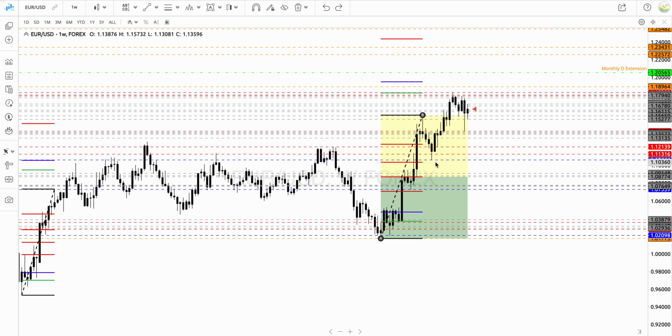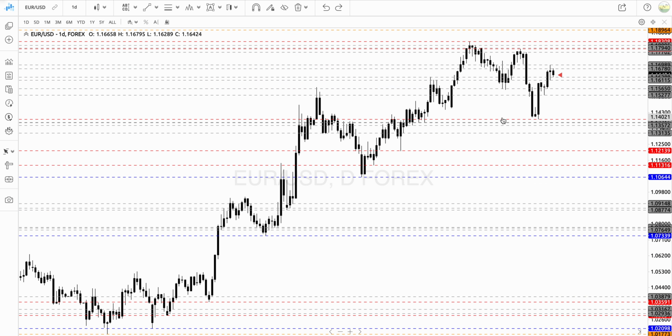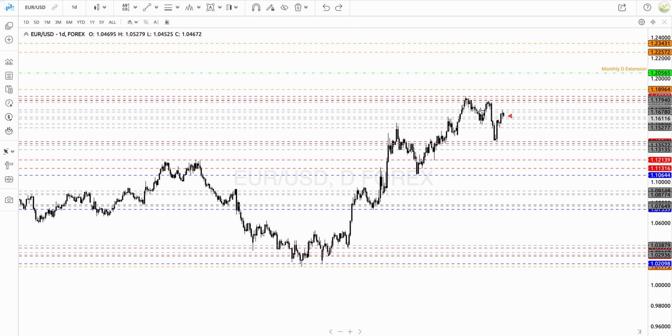So I'm going to go down to the daily, and then I'm interested from my weekly low. This is my C. So I'm going to deploy from there. So we're going to go over, and I'm going to run the fibs from my C, right? So I'm on the daily. I'm on a time frame lower. I deploy. This is what I have. Previous fib, A low, B high, less than 38.2 pullback. D extension was hit.